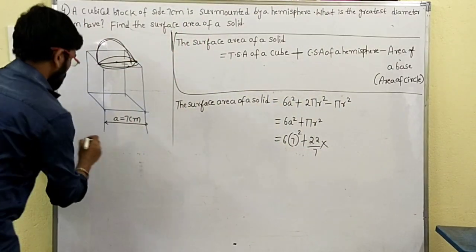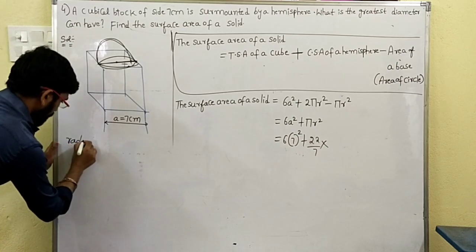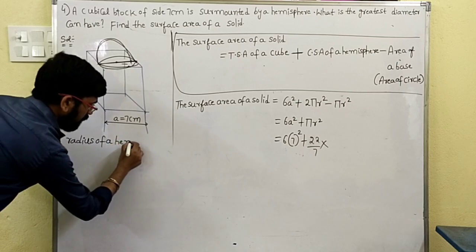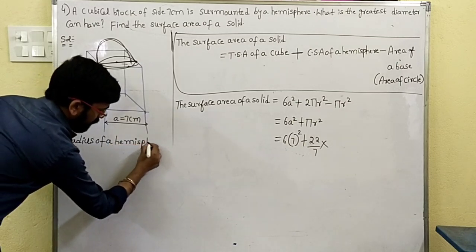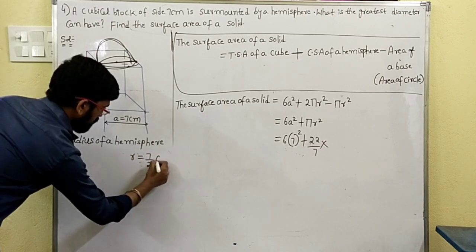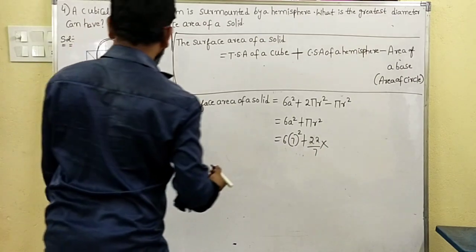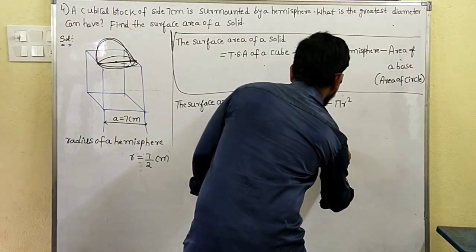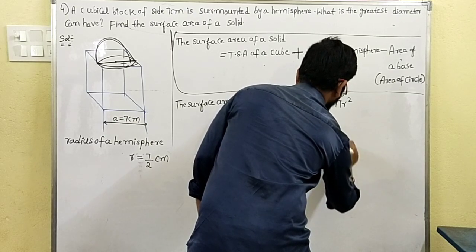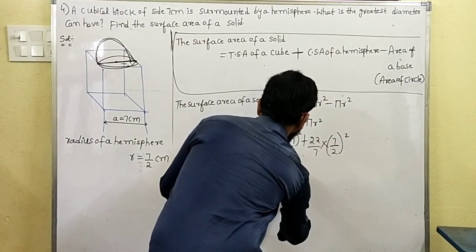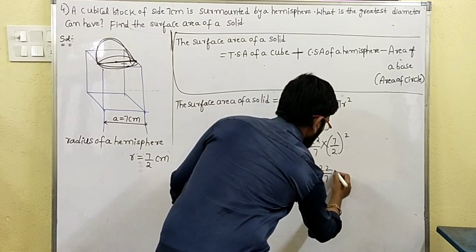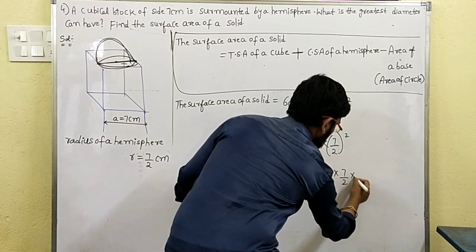The radius of the hemisphere is r equals 7 by 2 centimeters, so 7 by 2 whole square. So it will be 6 into 7 into 7 plus 22 by 7 into 7 by 2 into 7 by 2.